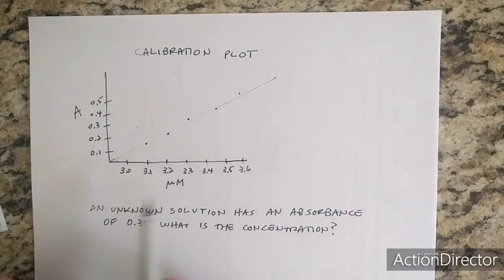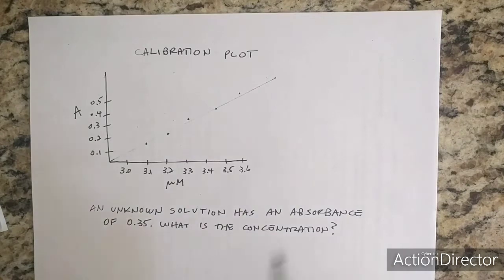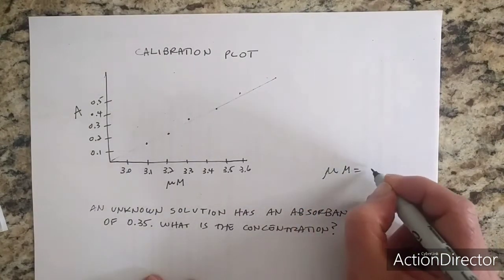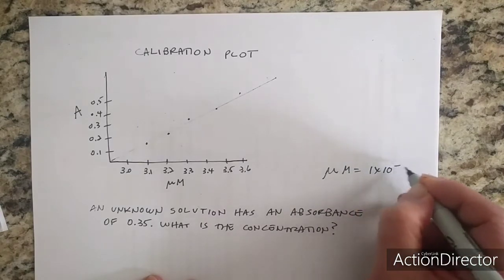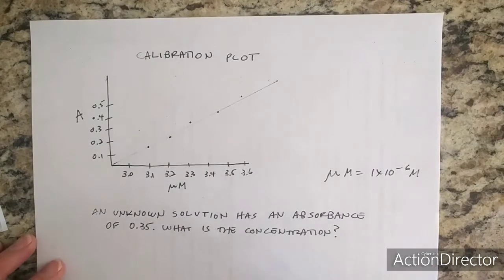Okay, so on our graph, our units on the x-axis are micromolar. Oftentimes, when we're doing Beer's law, we have these organic compounds that have very low concentrations that give you pretty good absorbances. So micromolar is 1 times 10 to the negative 6 molar. So they're very dilute solutions.